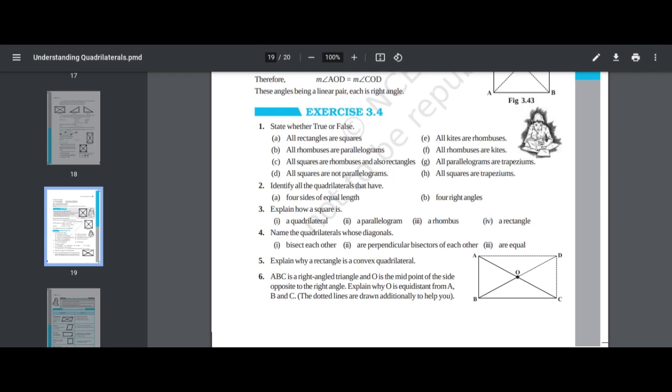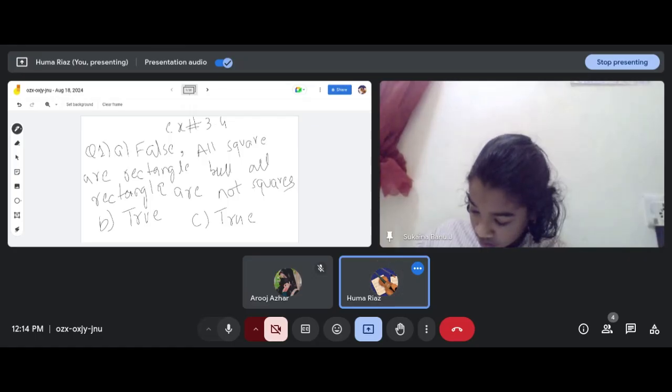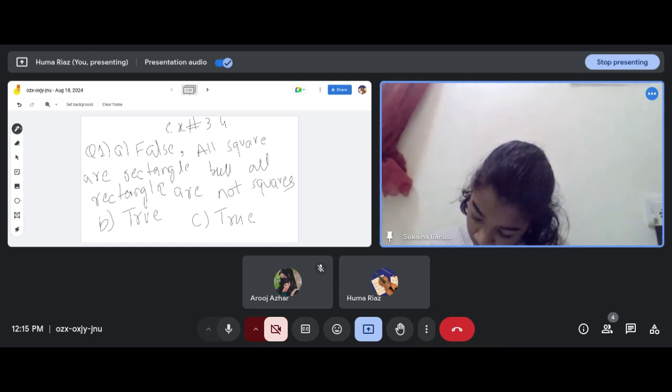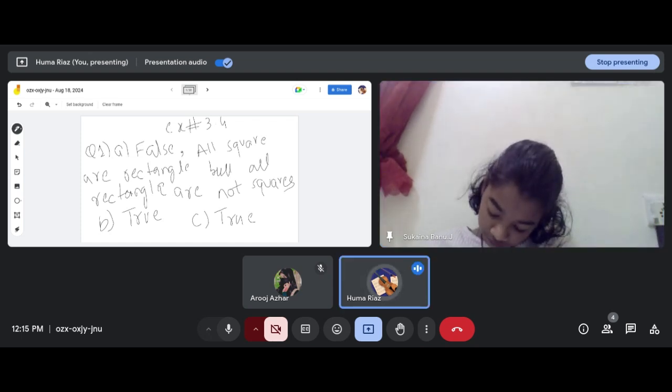Done. False because a kite does not have all sides of the same length. Now for the F part.